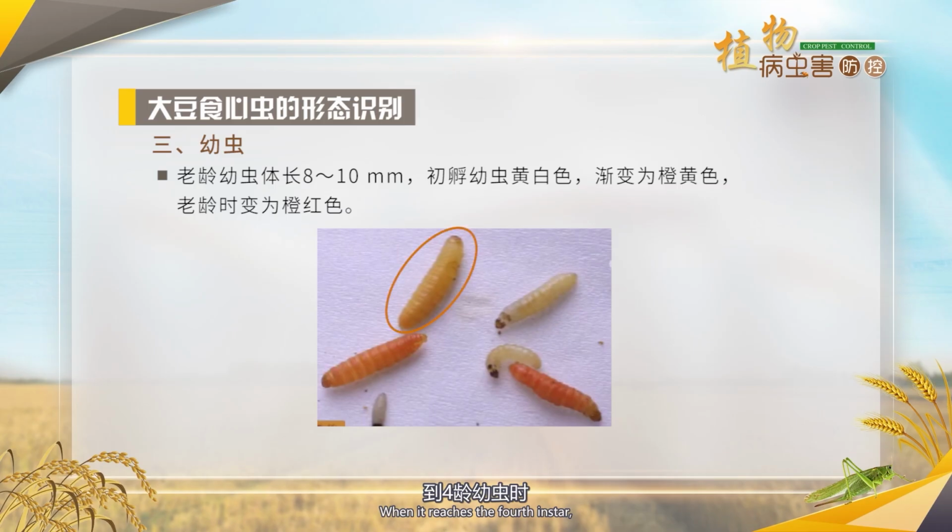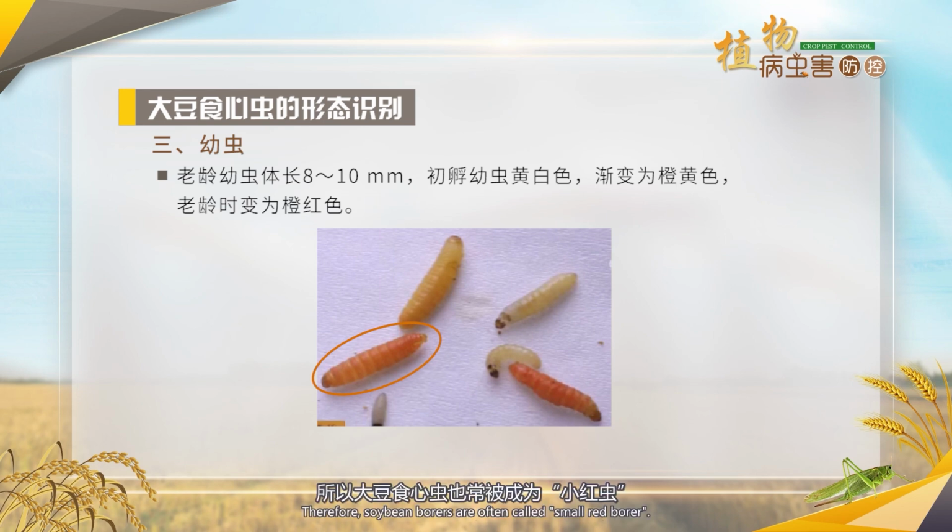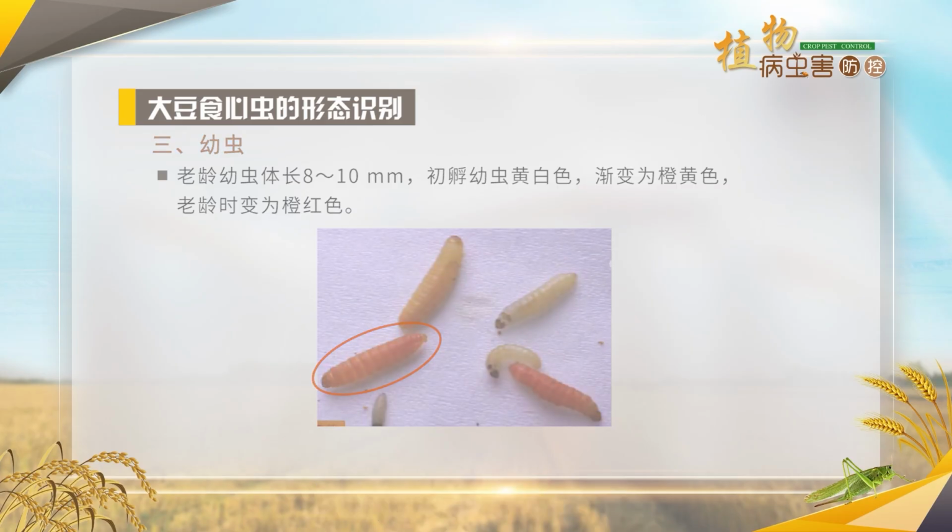When it reaches the fourth instar, the body color turns orange, and the head color and the body color tend to be close to each other. After the larvae mature, the body length of the larvae at the 5th instar is 8 to 10 millimeters. The body color turns orange, and the head color is basically the same as the body color. Therefore, soybean borers are often called small red borer.